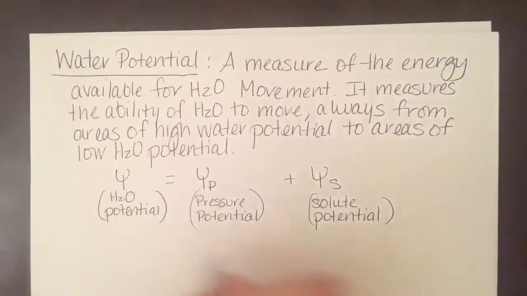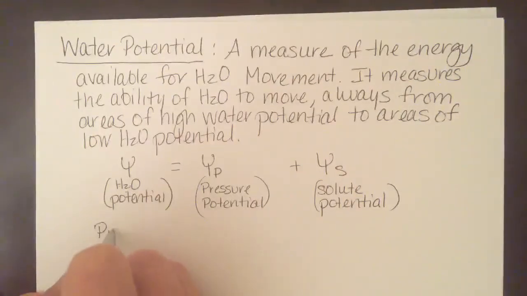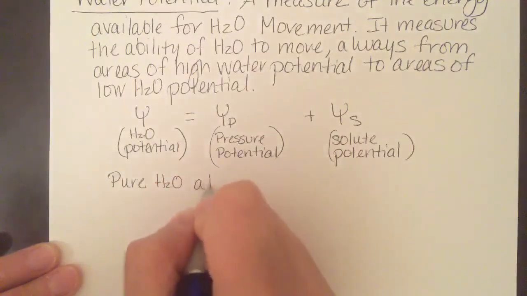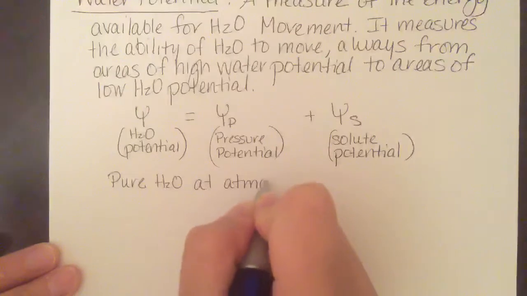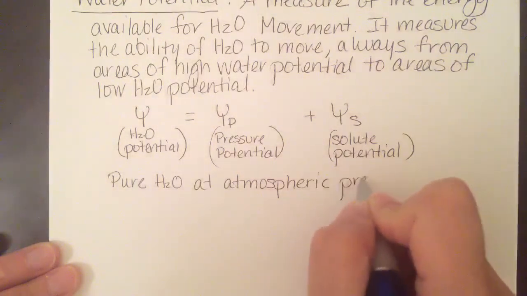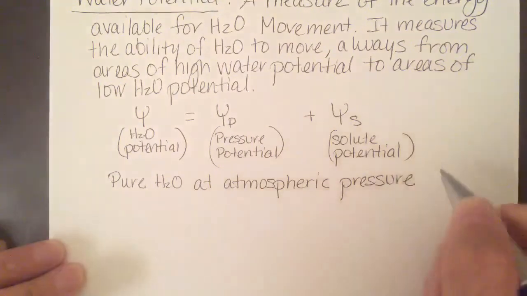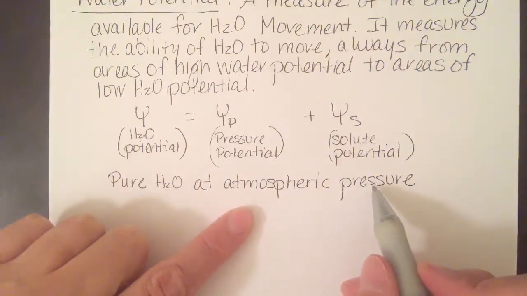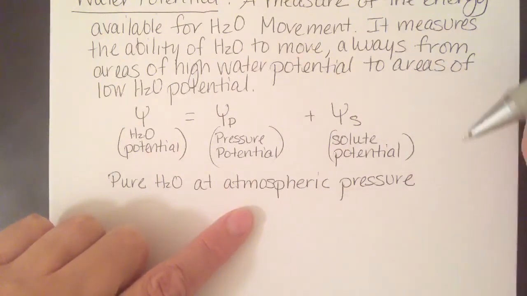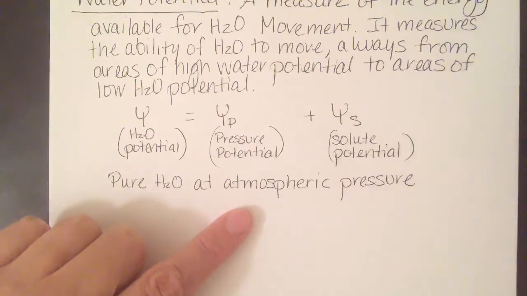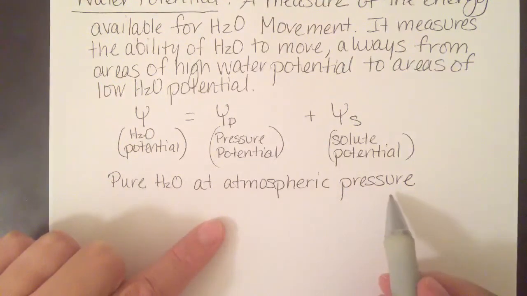And so let's write underneath here that pure water, pure H2O, at atmospheric pressure, that means just the normal pressure that the atmosphere puts on things on the earth. So the atmosphere normally is putting pressure on things on the earth, and so that's normal, and that's what we call atmospheric pressure.